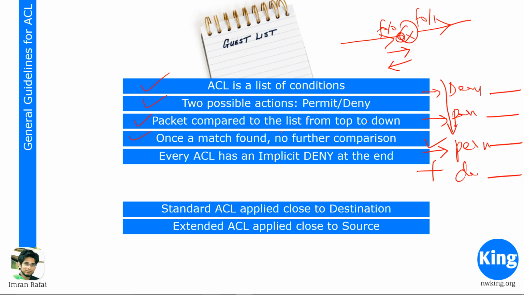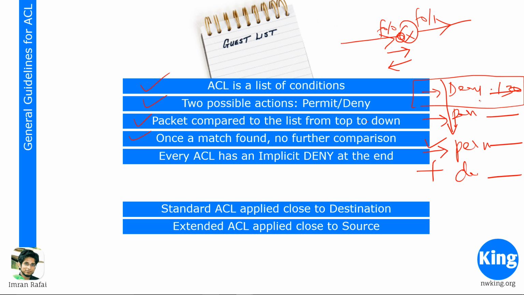Also, whenever you write an ACL, there is an implicit deny all traffic at the end, right? For instance, say you're going to deny traffic 192.168.1.30, and you put just one line in your ACL, deny 1.30, and you want everything else to be permitted.